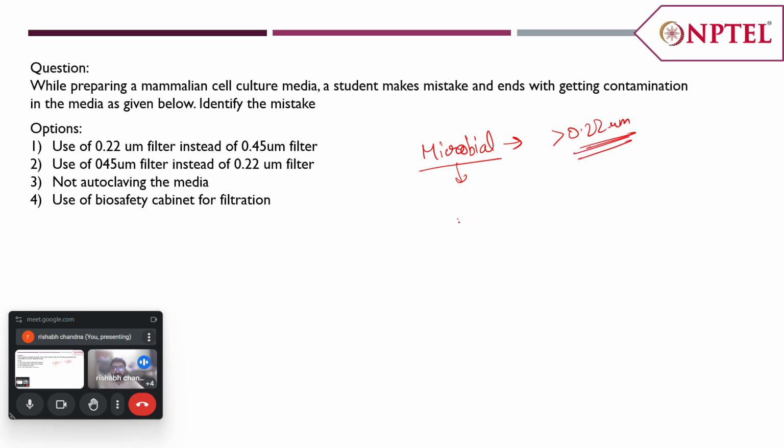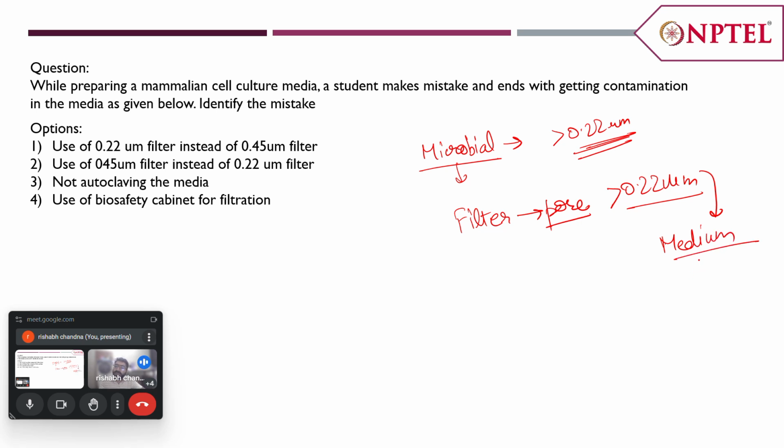If we are using a filter that has a pore size of greater than 0.22 micrometer, then our cell culture media might have some contamination, in the form of microbes or other particulate matter.